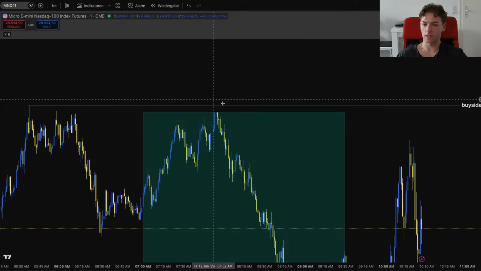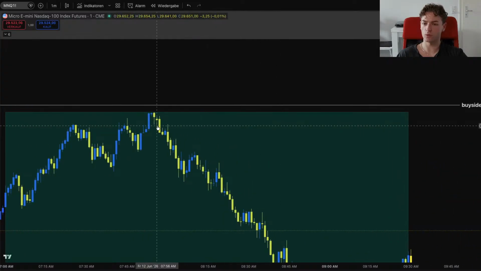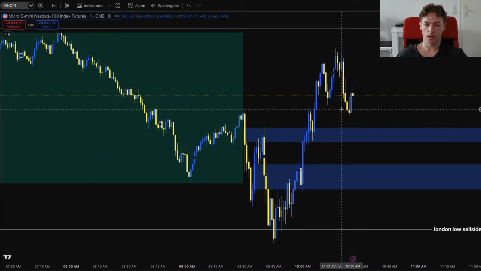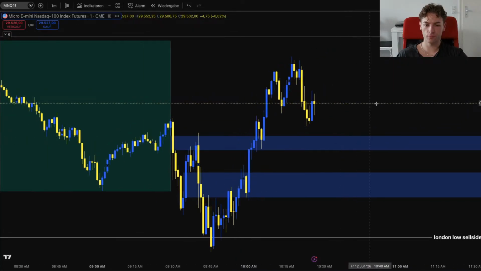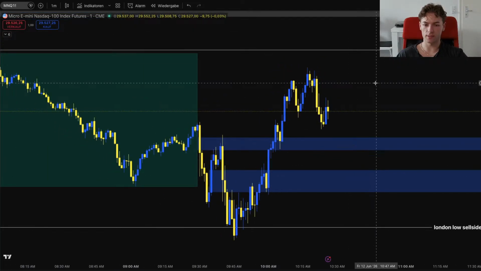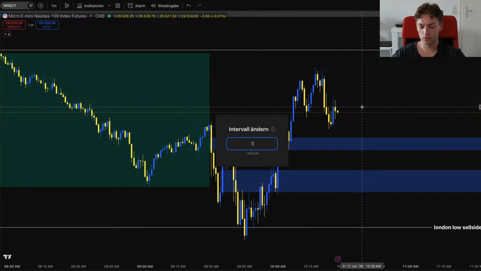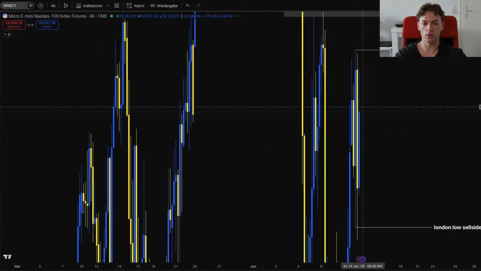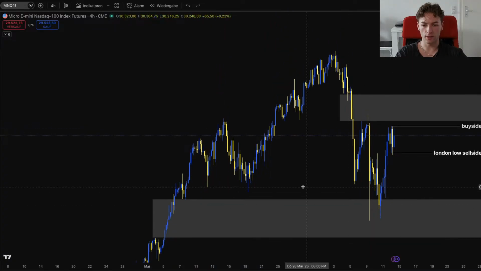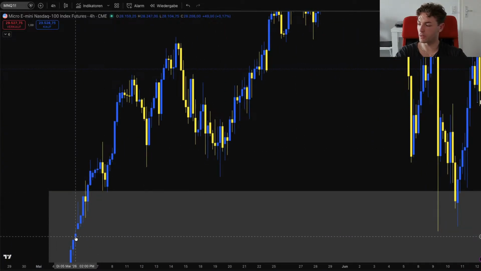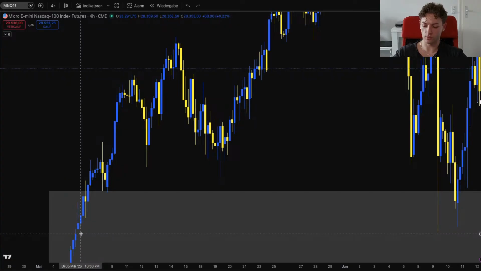But we will observe this 1 minute volume imbalance. I'm rather annotating these volume imbalances if they are really significant, like on the 1 hour chart, or for example, like this. If you go to, I think it's a 4 hour chart, like this one, for example, that's a volume imbalance that I would annotate. Why? It's a high time frame volume imbalance.